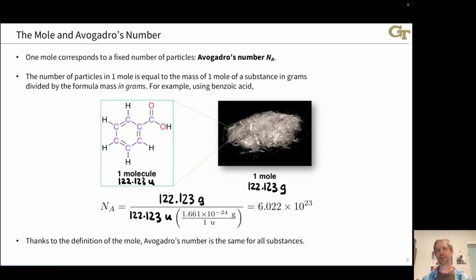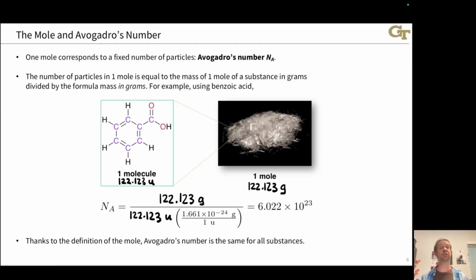We already touched on this, but 1 mole corresponds to a fixed number of particles, and this number of particles, 6.022 times 10 to the 23rd, you see it in the bottom right of the slide here, is known as Avogadro's number. We can find Avogadro's number knowing the size of an atomic mass unit and the size of a gram, right?